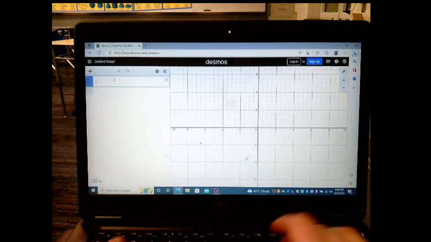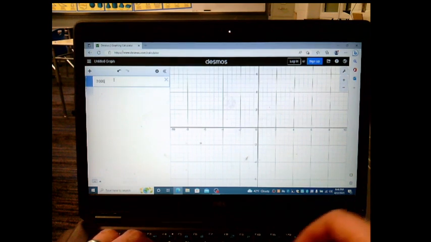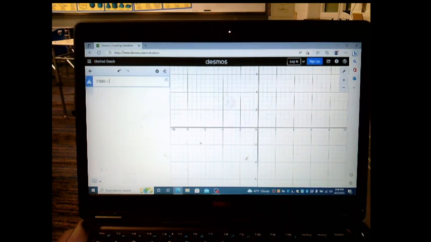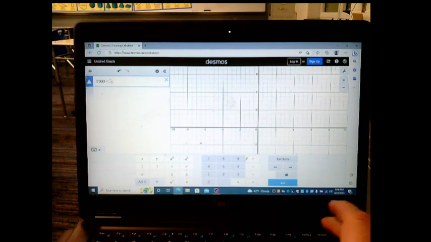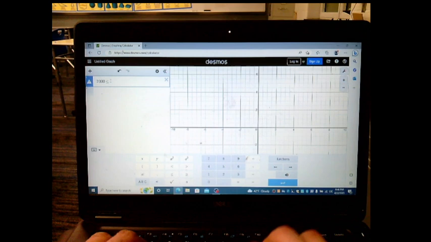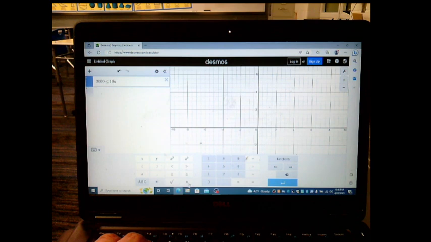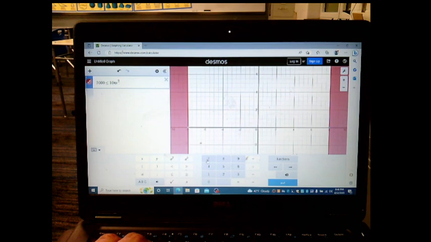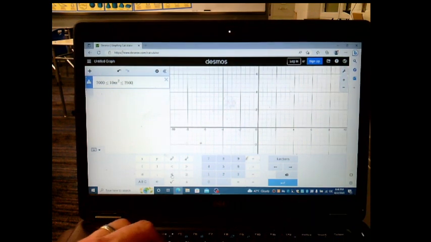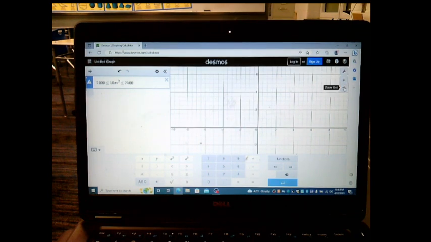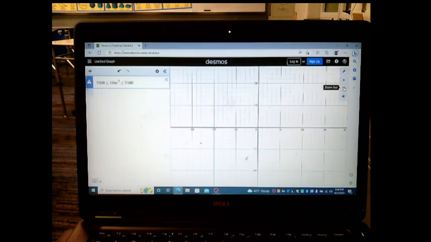Let's see if this works here. 2,000 less than or equal to, let's go actually back here. And then I have pi radius squared times 10. I'll just put the 10 out front. Pi, and I'll put x squared. And I want to go less than or equal to 2,500. Does it work?